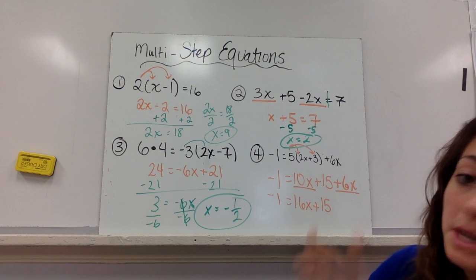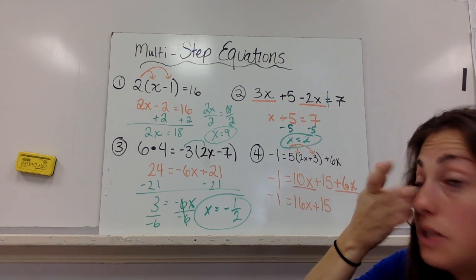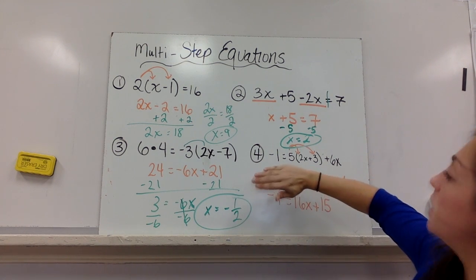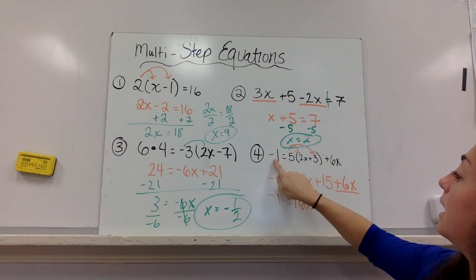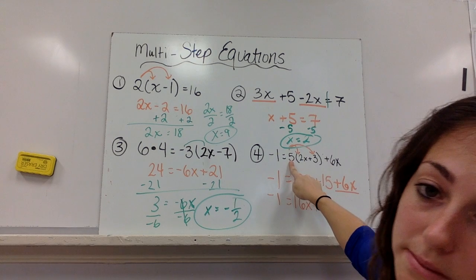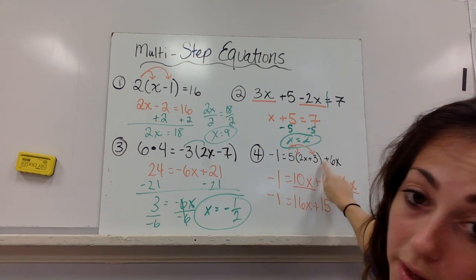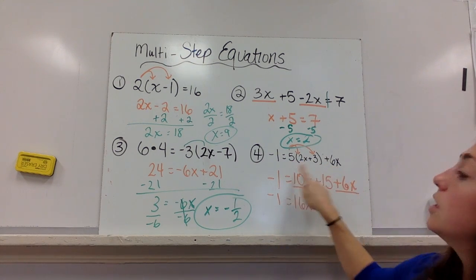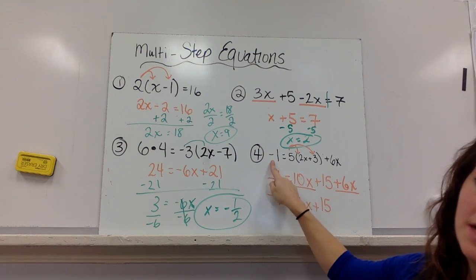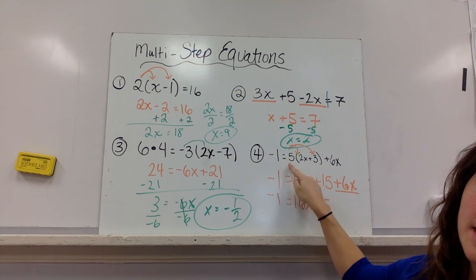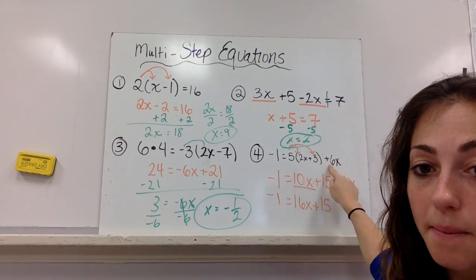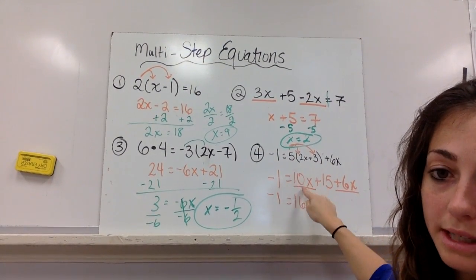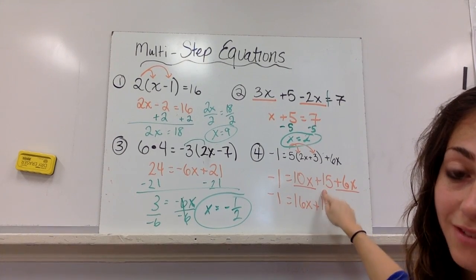All right, cool. Number 4 requires a couple steps before we can do our two-stepper. So I have -1 = 5(2x + 3) + 6x. The first thing to do: left side, nothing to do, it's just negative 1. The right side, I have to distribute the 5 to that 2x and to that positive 3, and that's 5 times 2x is 10x, 5 times 3 is 15.